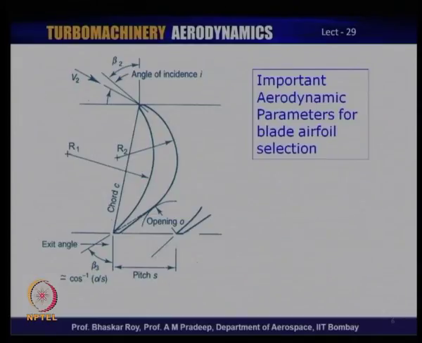So, many of the modern designs accommodate a very large rounded leading edge, as we have seen in the last lecture on blade cooling, and that has embedded cooling technology inside that rounded leading edge.